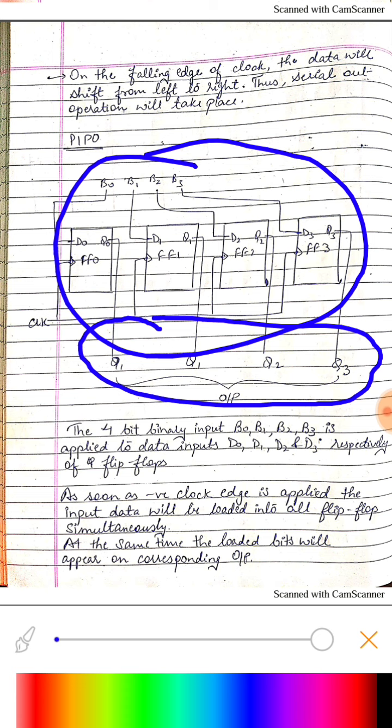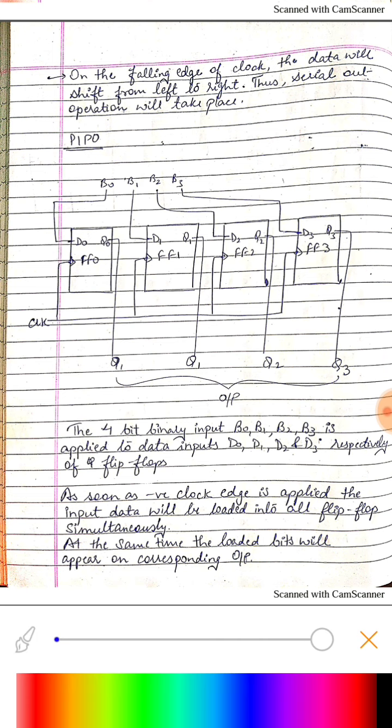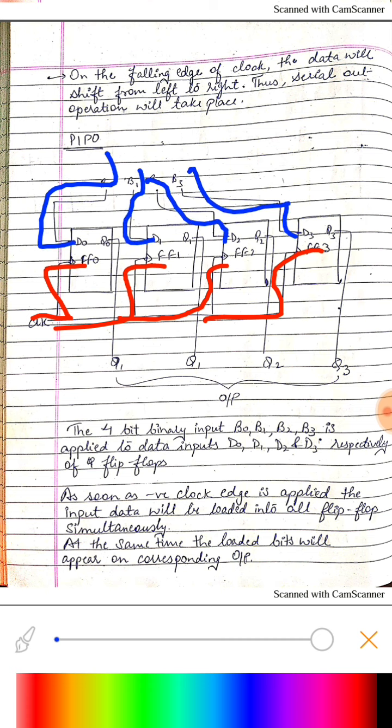The 4 binary bits B0, B1, B2, B3 are applied to the data inputs D0, D1, D2 and D3 of the flip-flops. We are providing the same clock pulse to all the flip-flops simultaneously, and the data is entered parallelly in all the flip-flops in the form of 4 bits B0, B1, B2 and B3.